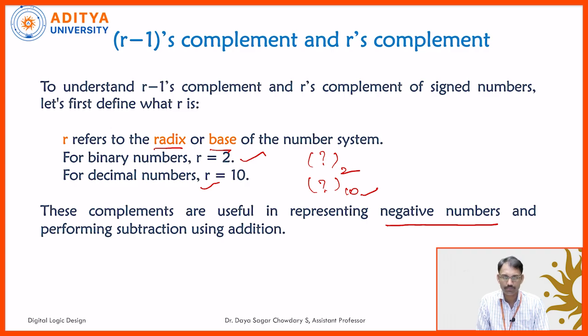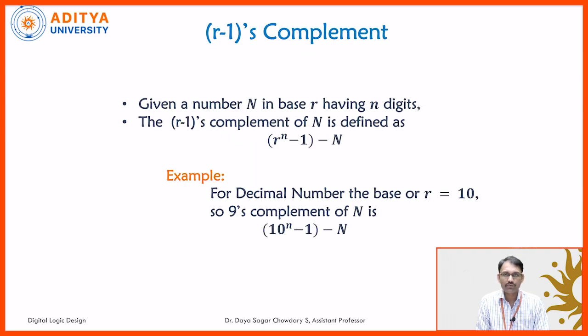So we will check the operations also. If we calculate the r minus 1's complement for any number, we have to concentrate on the given number, which we call capital N, the radix is r, and the total number of digits that the number contains we represent with small n. Now this is the formula for the r minus 1's complement: r to the power of n minus 1 minus capital N. Let us consider one example.